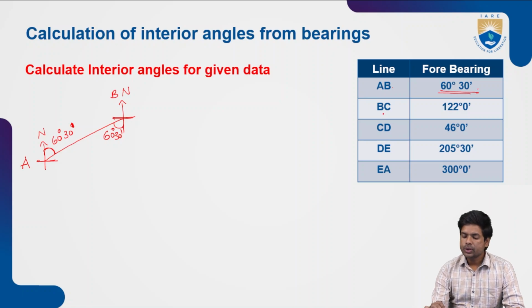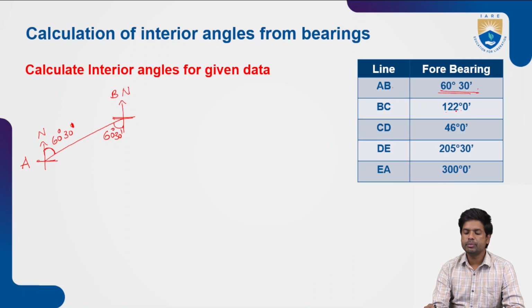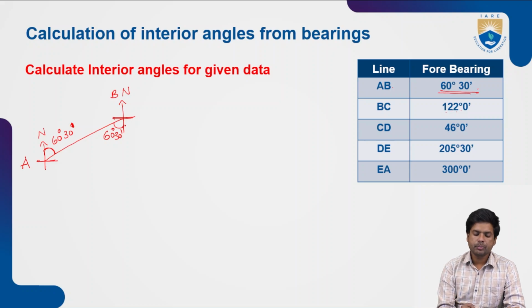Now go to the second one. BC is 122 degrees 0 minutes. Now we are going to this station C. The angle is about 120 degrees, so it will be in the second quadrant. Here the station will be C. Now draw one line.